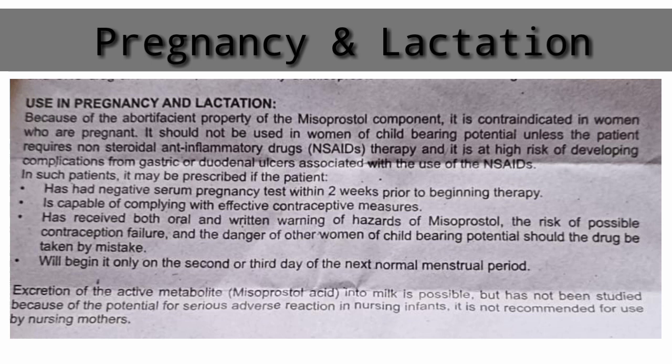In such patients, it may be prescribed if the patient has had a negative serum pregnancy test within 2 weeks prior to beginning therapy, is capable of complying with effective contraceptive measures, has received both oral and written warning of the hazards of misoprostol, the risk of possible contraception failure, and the danger to other women of childbearing potential should the drug be taken by mistake.